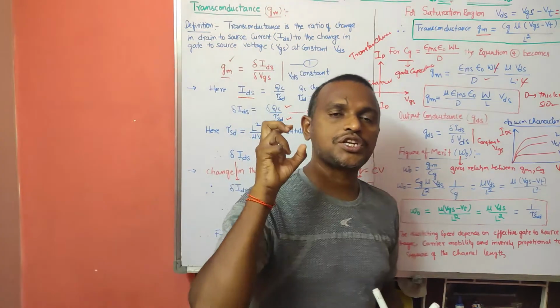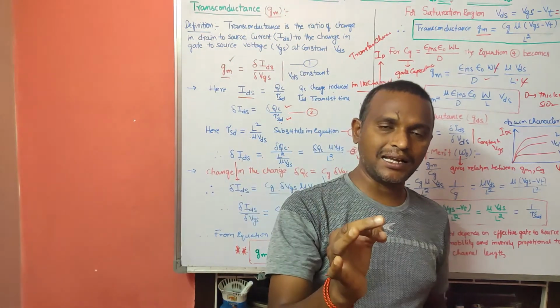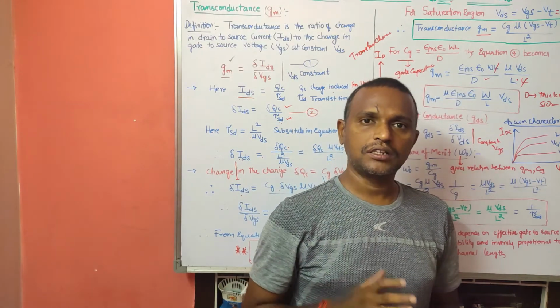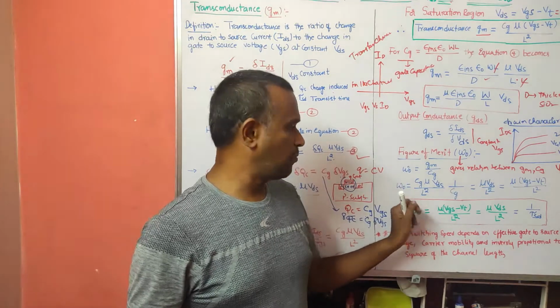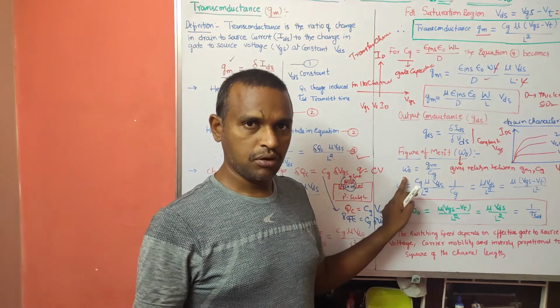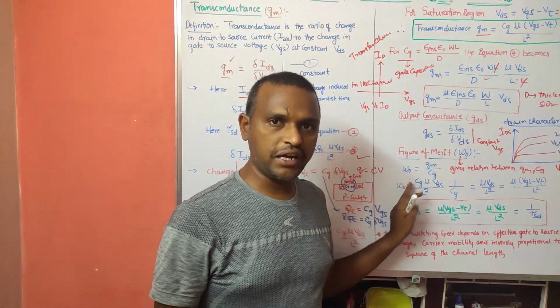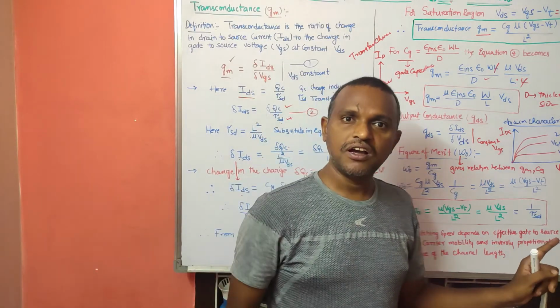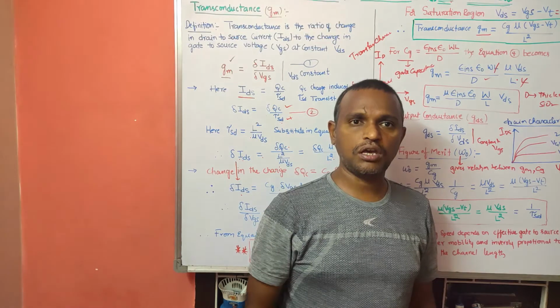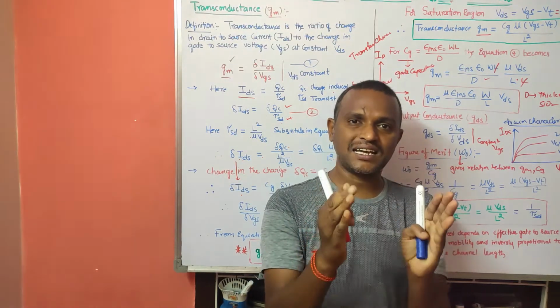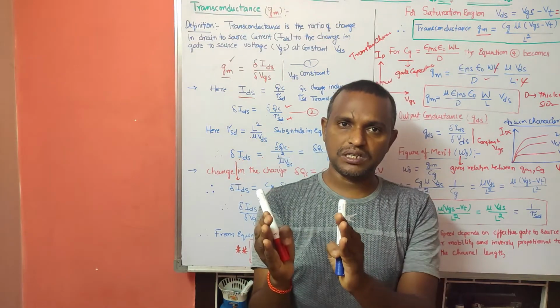It gives the relation between the transconductance and the gate capacitance. Then what is the definition of it? It will be indicated with omega naught, and it is defined as the ratio of transconductance to the gate capacitance.